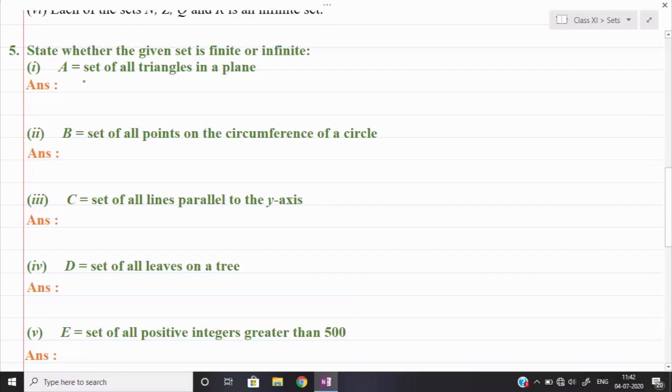So here we can say that the number of triangles would be infinite. Okay, so therefore we can say that A is an infinite set.